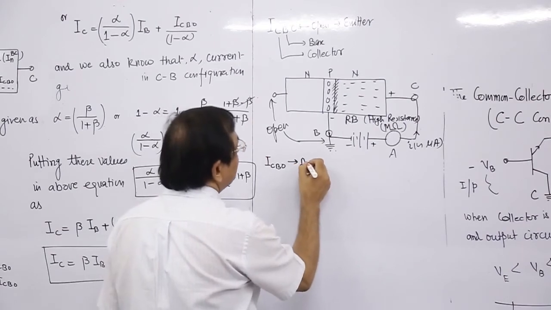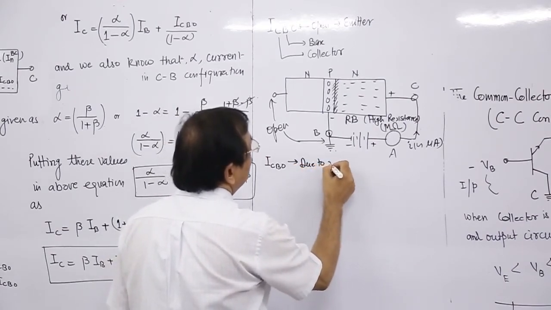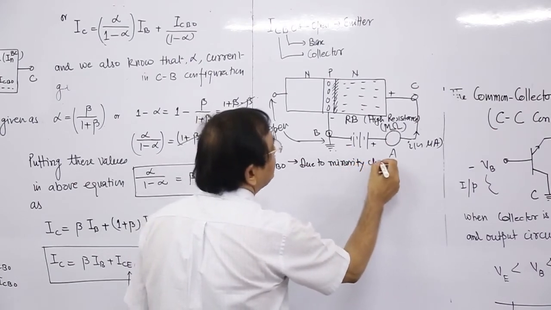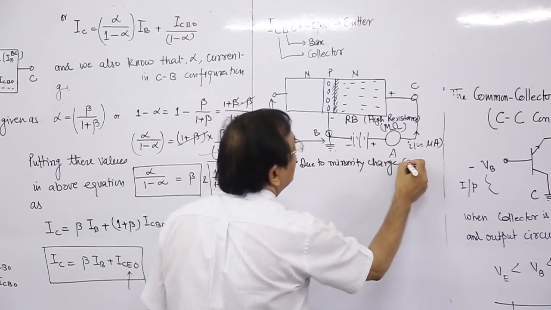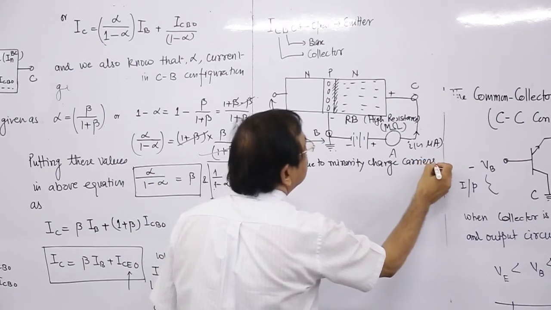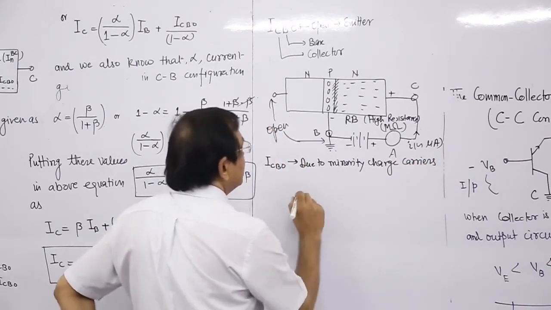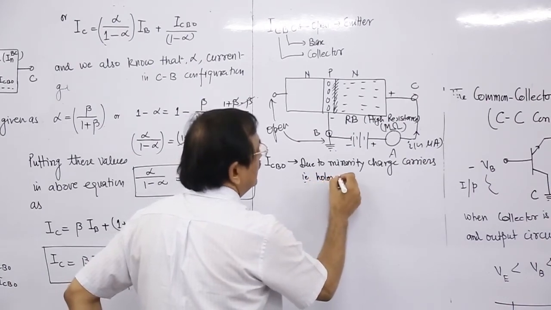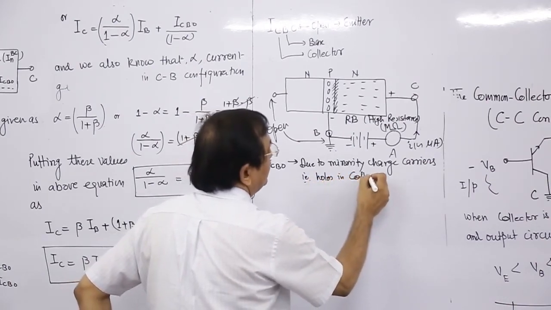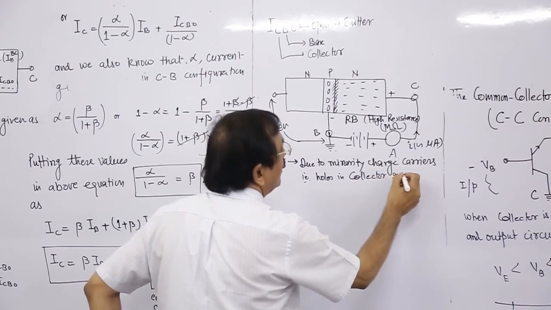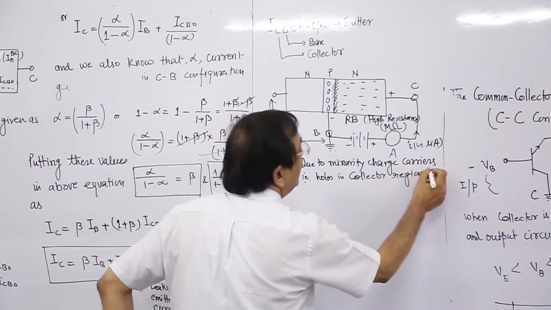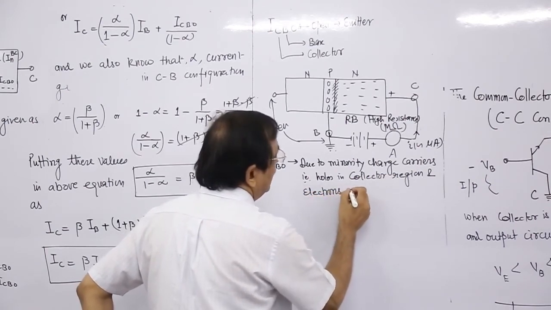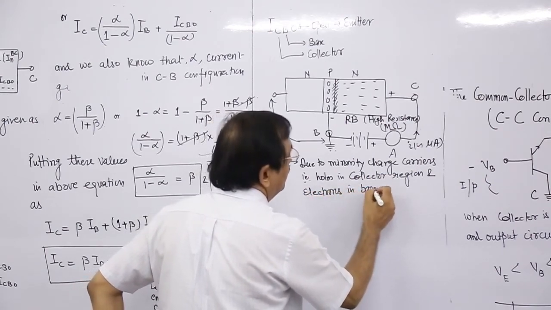So ICBO is due to minority charge carriers, that is holes in the collector region and electrons in the base region.